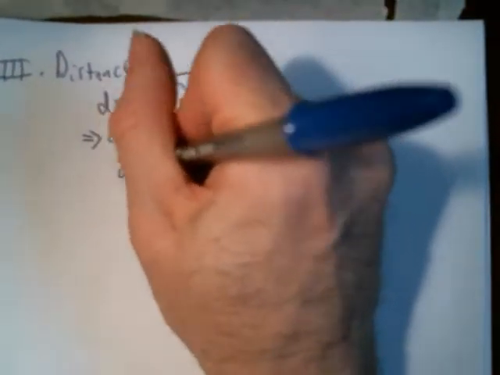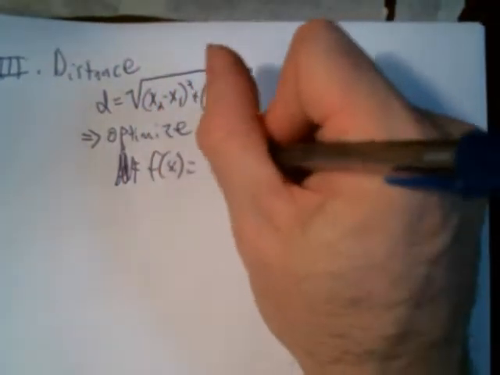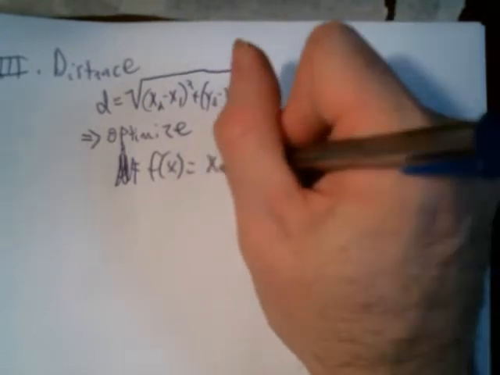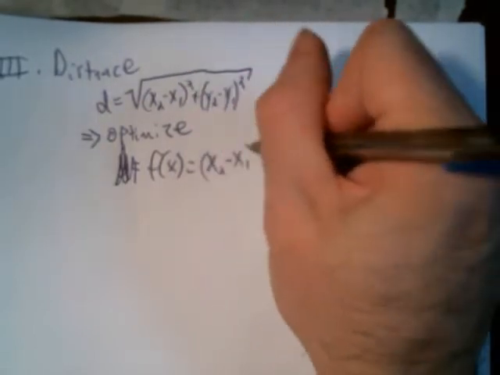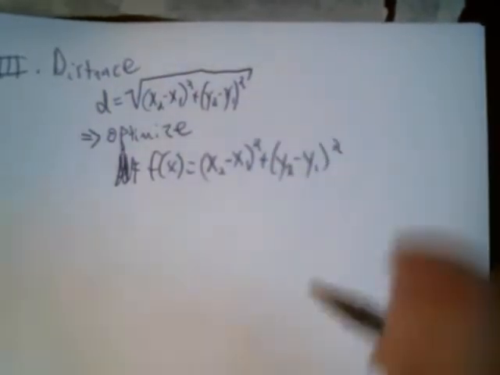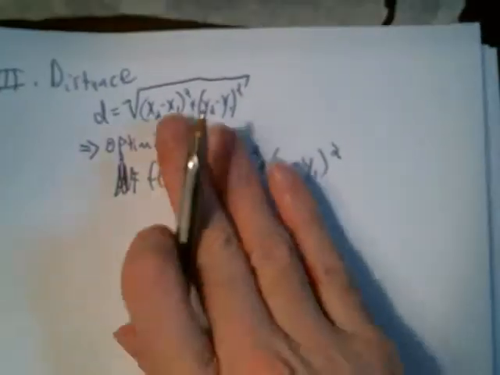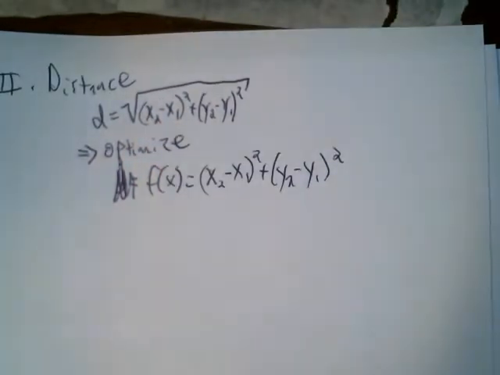Let's say f of x. Okay, we'll optimize f of x equals x2 minus x1 squared plus y2 minus y1 squared. Okay, so if you optimize this, you've effectively optimized this, is what we're trying to say.